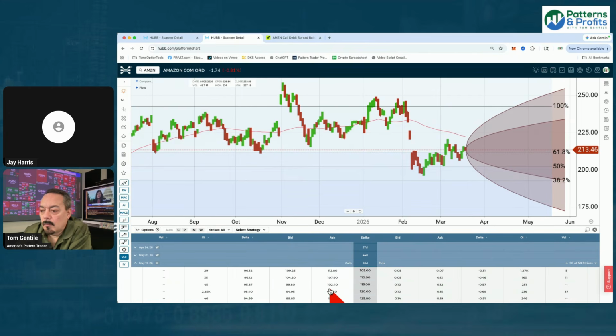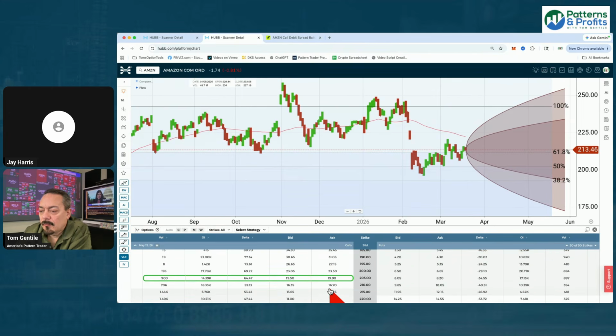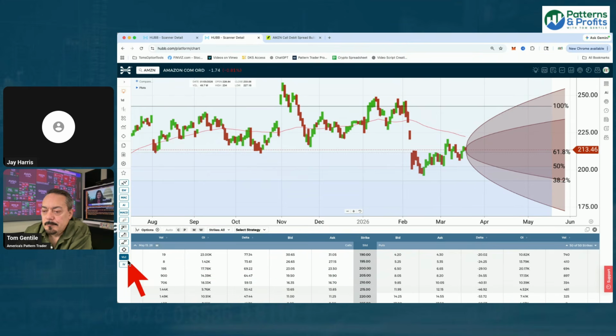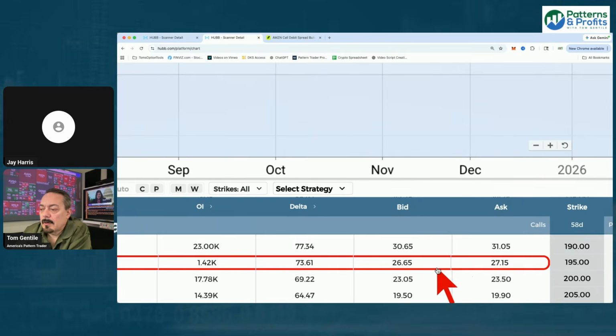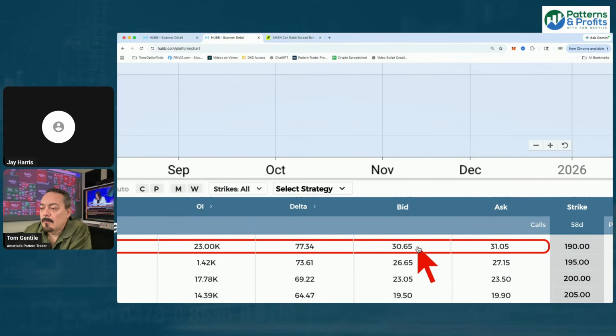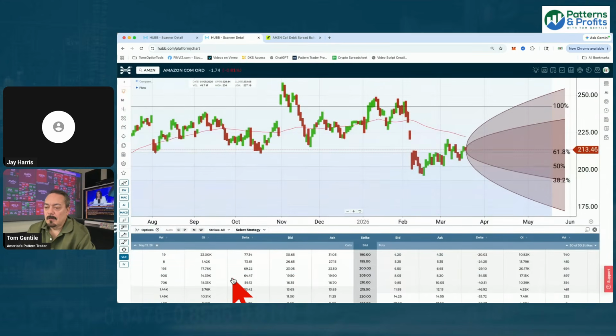So here are the 105s all the way up to the 190s and the 200s. That's what I want to see. Here's your 190s. They're 30.65 by 31.05, and then here's the 200s, 23.05 by 23.50. Let's put those two together and see what that looks like.